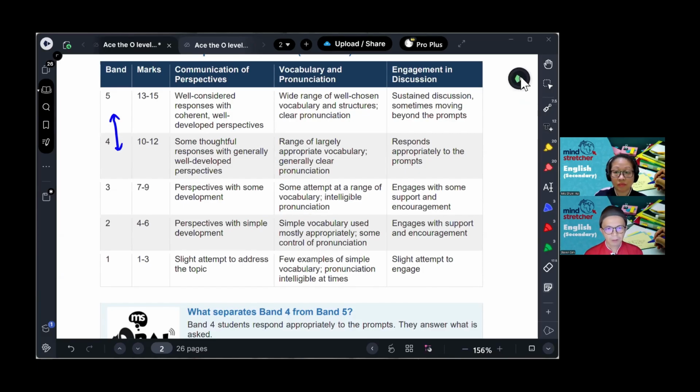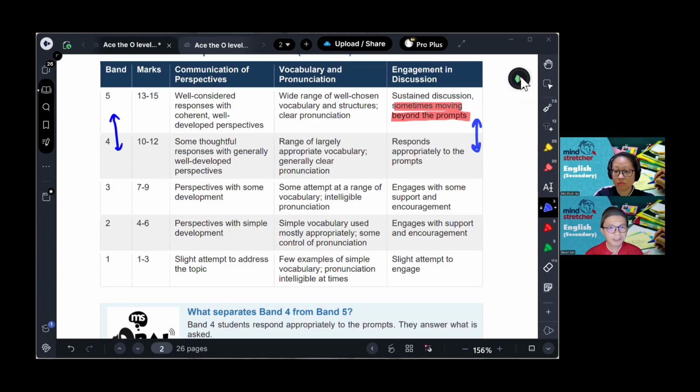Well, there's this section here which you don't see here. For example, if I prompt you, and you answer very well, you still can't get 13 to 15 marks.